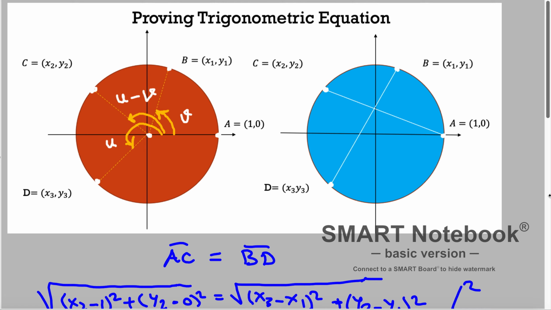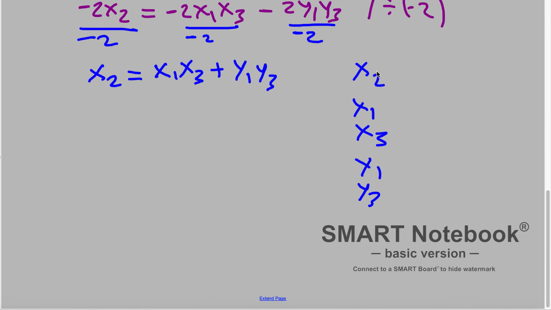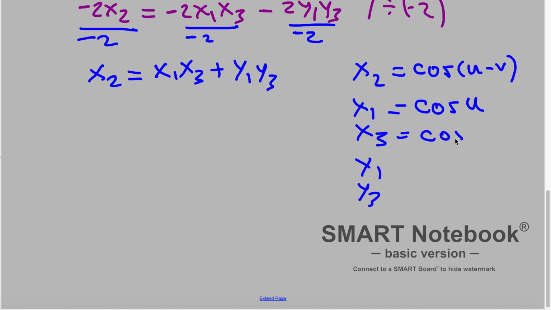And now I'm going to make the substitution down. So x2 is going to be equal to cosine of u minus v. And x1 is the first point, which is just cosine u. And x3, the third point, is going to be cosine v. And y1 is going to be sine u, and y3 is going to be sine v.